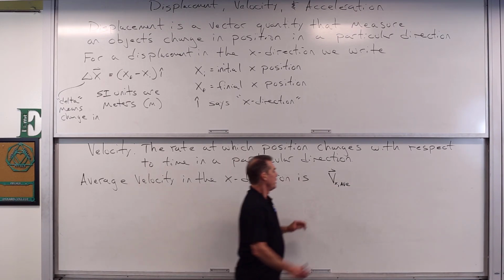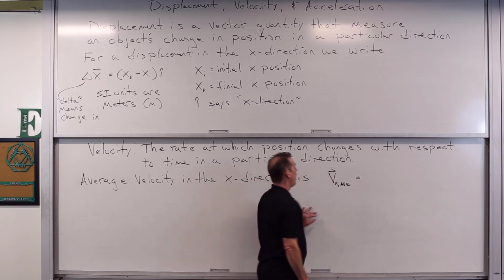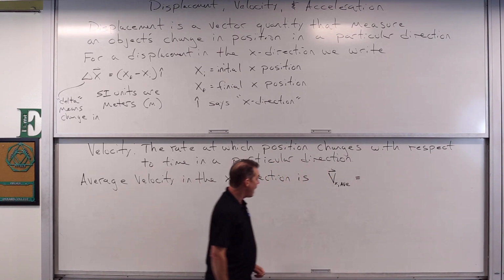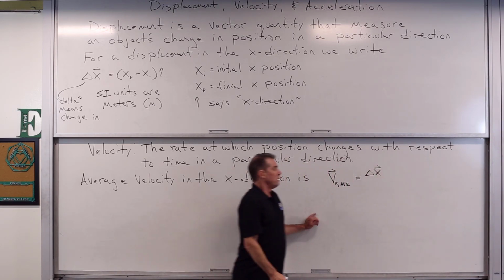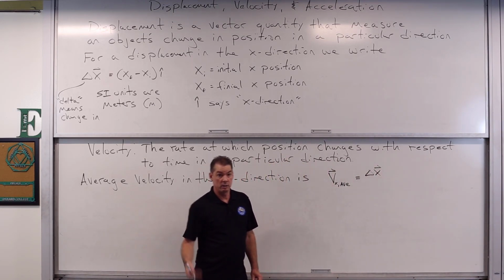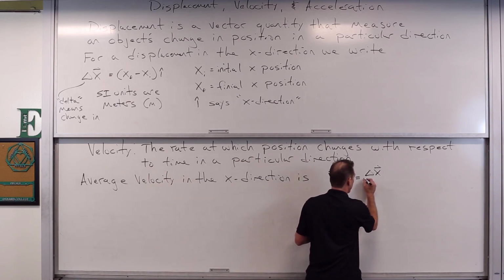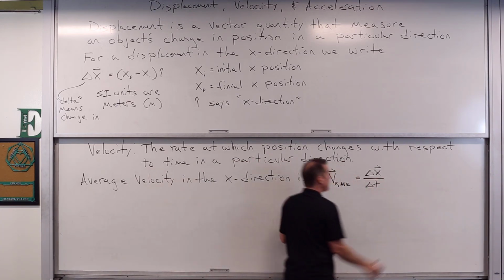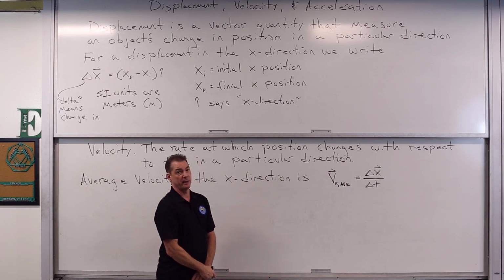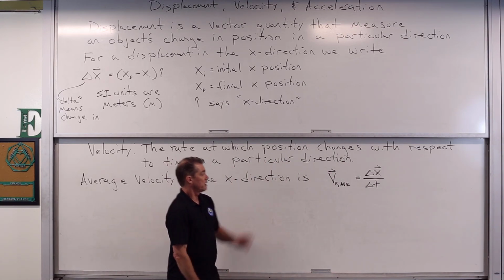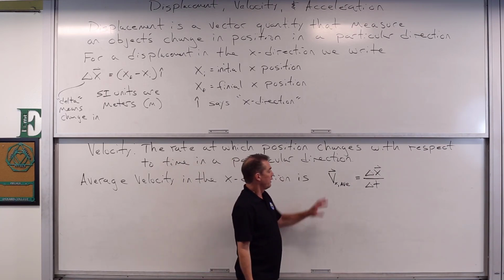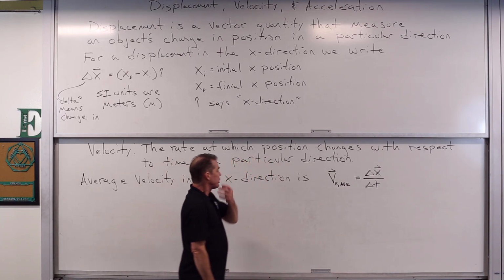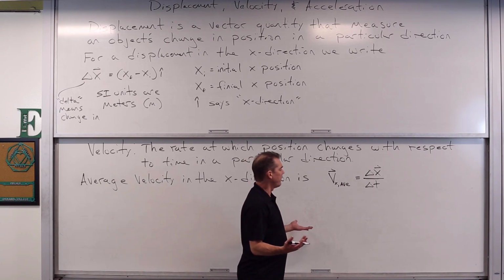average value of this. The average value of an object's velocity depends on the displacement that's occurred of the object under consideration divided by the time interval over which that displacement has occurred. That's it. Displacement over the time interval of that displacement for the average velocity. So what does this give us?